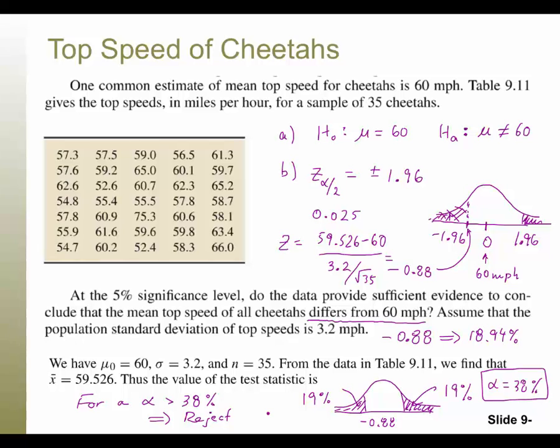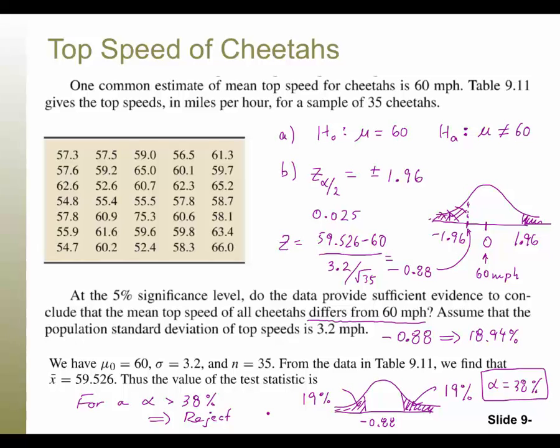Wait, so if your significance level is higher and your null hypothesis is rejected, does that just mean it's like more plausible? Yeah, the closer that your actual z-score is to the null hypothesis, the more likely it is that the mean is your hypothesized mean.